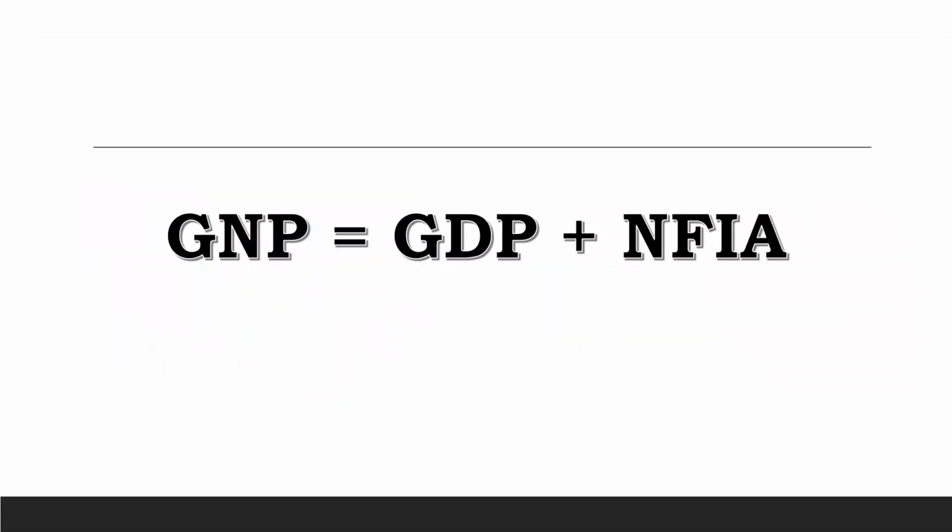The formula is gross national product is equal to GDP plus NFIA. So GDP, as we have learned, is the total market value of all the final goods and services that is produced in India. GNP is gross national product. Here, the goods that are produced in India and also the income that comes from abroad, those two will be added. The income that comes from abroad.